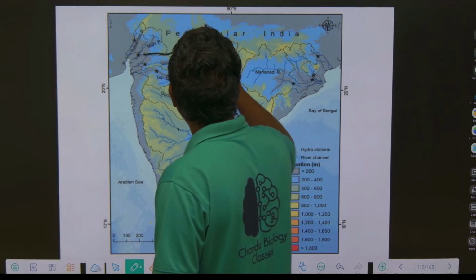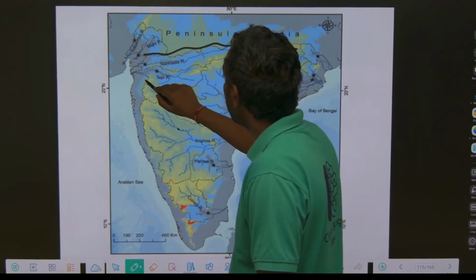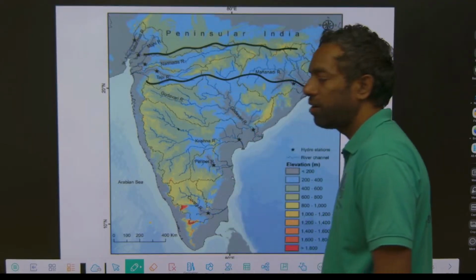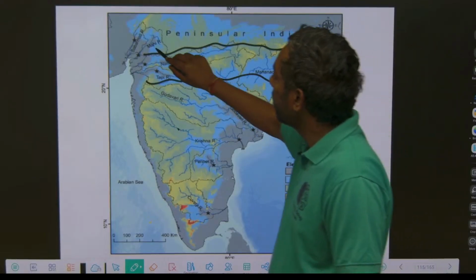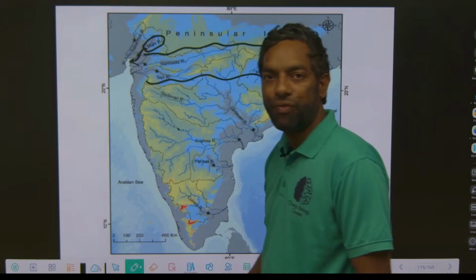This is the Vindhya range. Okay, this is the Satpura range. Vindhya, Satpura range. Okay, Mahi river originates in the Vindhya range.